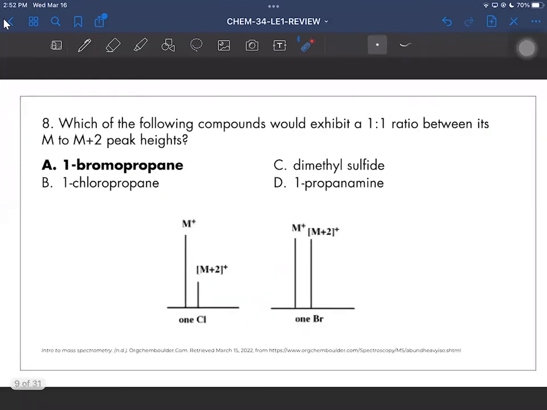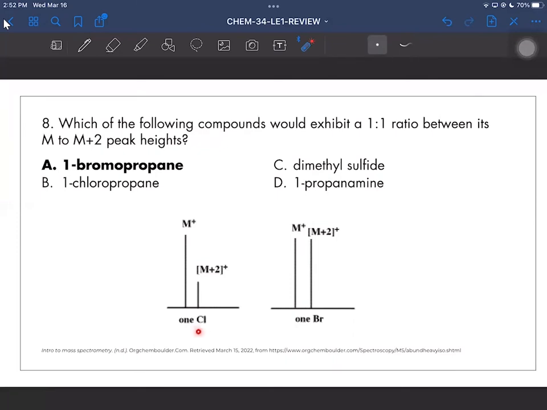Number 8, which of the following compounds would exhibit a 1-to-1 ratio between its M to M plus 2 peak heights? So yung M plus 2 natin sa mass spec is usually attributed sa mga natural isotopes, sometimes the heavier isotopes of oxygen, sometimes sulfur. But most of the time, or the most prominent M to M plus 2 peaks natin, is with chlorine and bromine, and they both have different ratios.